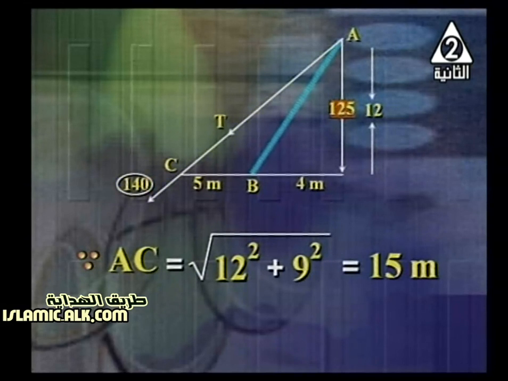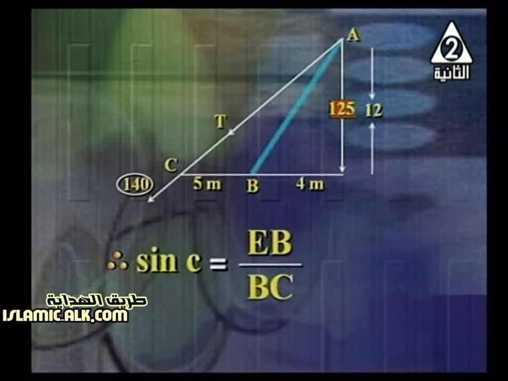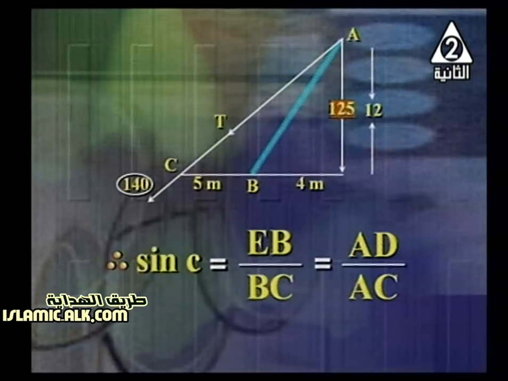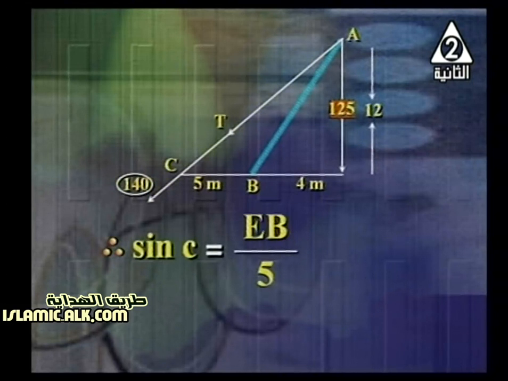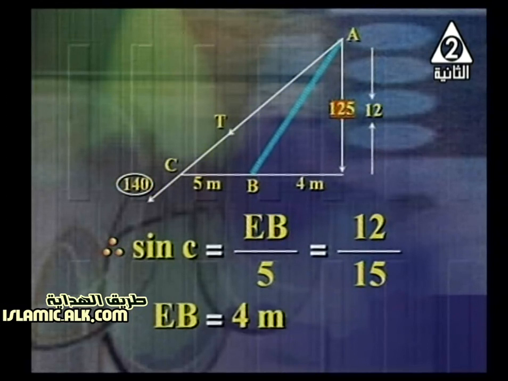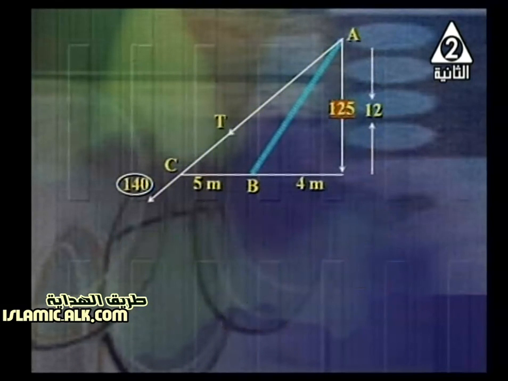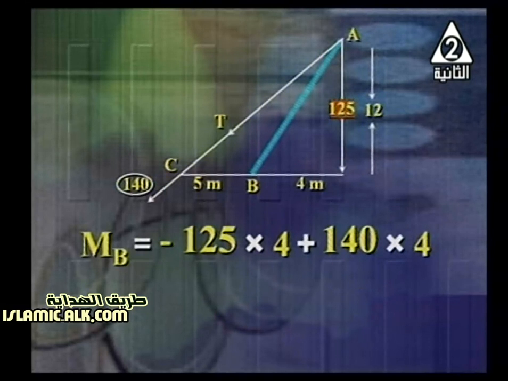Then look, we find sin C by two methods: EB over BC, and sin C equals AD over AC. The relation between them: sin C equals EB over 5 equals 12 over 15. By cross multiplication, we find the length of EB equals 4 meters. The moment about point B equals negative 125.